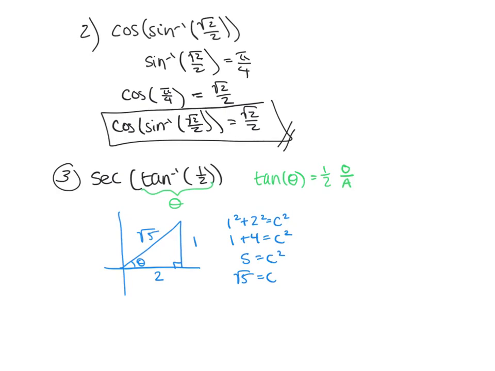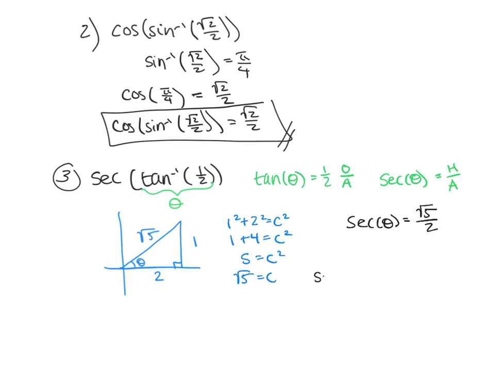Now, I want to find secant of theta. Reminder, secant is the flip or reciprocal of cosine. So if cosine is adjacent over hypotenuse, then secant is hypotenuse over adjacent, meaning that secant of theta in this case is square root of 5 over 2.